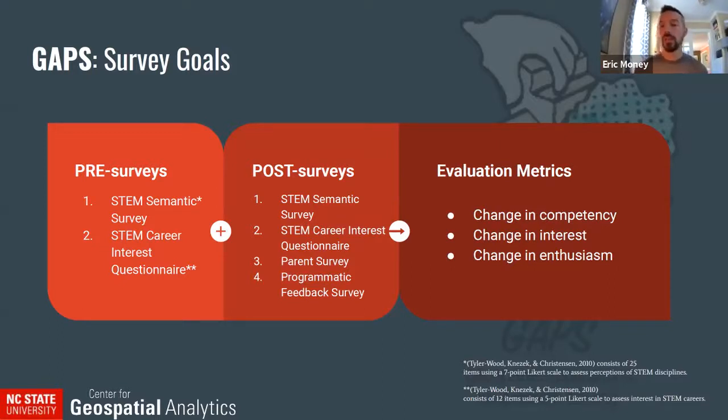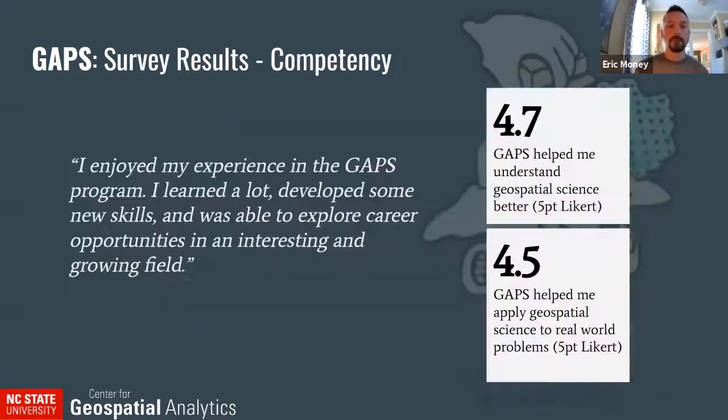And really what we wanted to evaluate was change in competency, so were they able to improve their GIS skills, change in interest, both from a GIS perspective but also from a STEM discipline perspective, and then change in enthusiasm. Those instruments are really designed to look at some of those things.